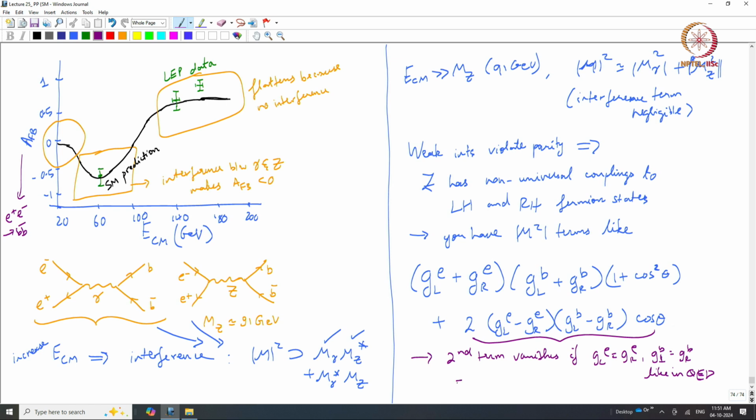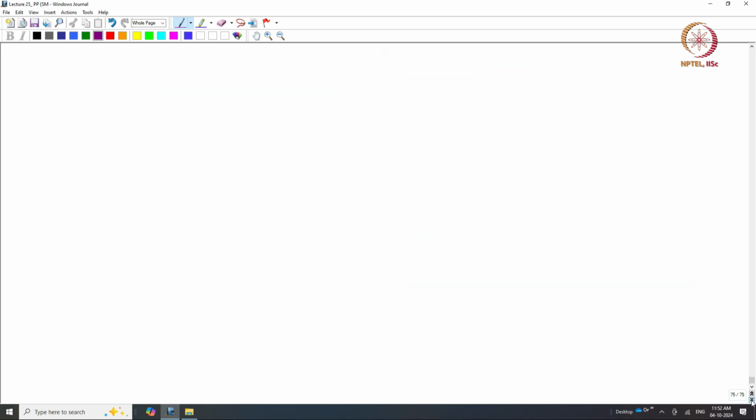So this will make it an even function of cos theta. I only have 1 plus cos square theta. It's only this cos theta term that spoils the evenness of the function, the mirror symmetry, correct.